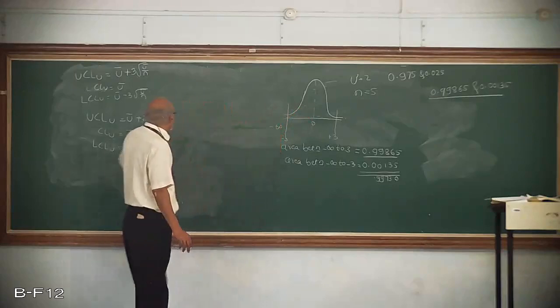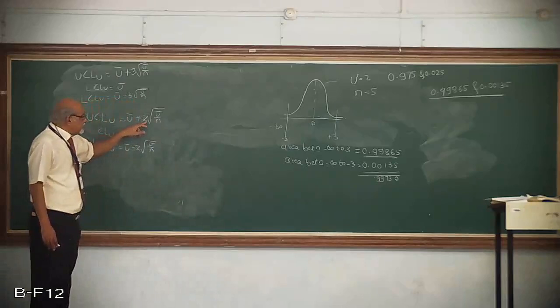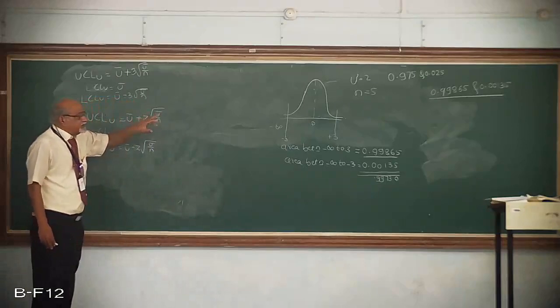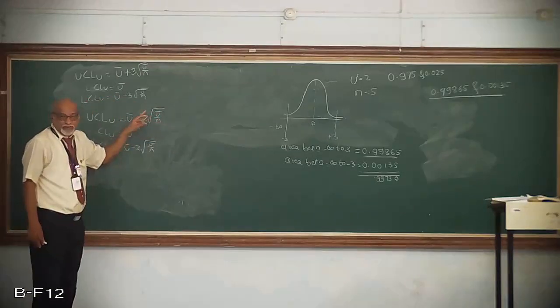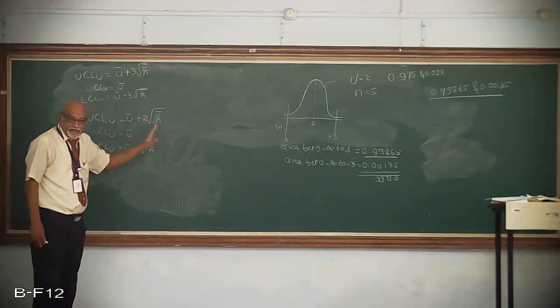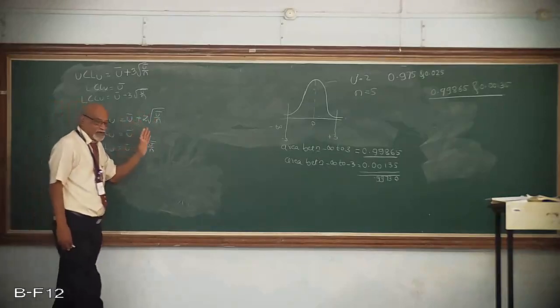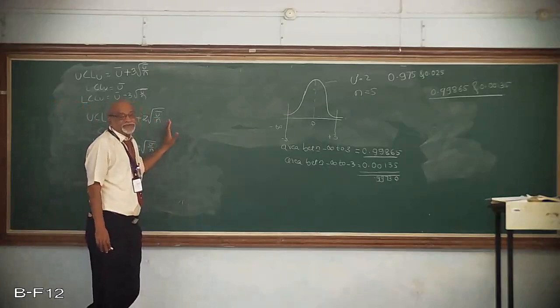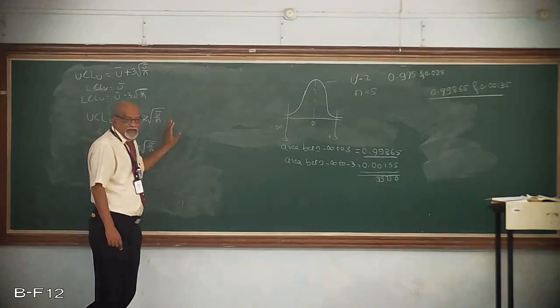Now, what he wants is, he has given this value as 0.975. You have to find the value in such a way that 97.5% of the items should fall within the upper control limit.